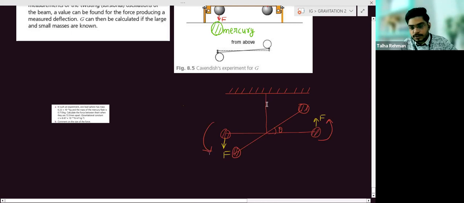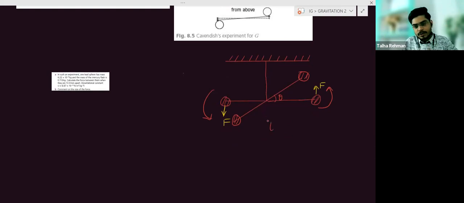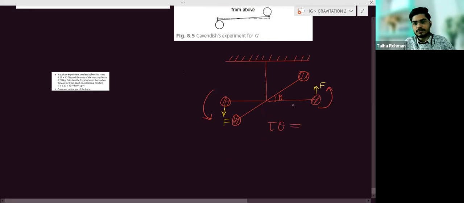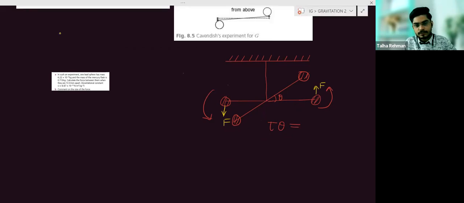So there will be a twist produced in this wire, and that twist is given by the torque per unit twist in the wire times theta, and this is equal to the torque due to the gravitational force. L is the length of this beam, so you can calculate that.